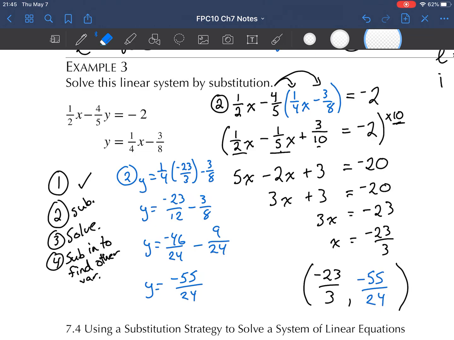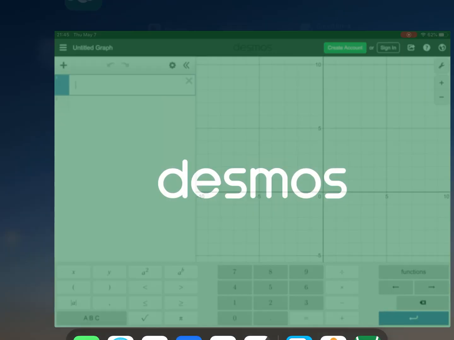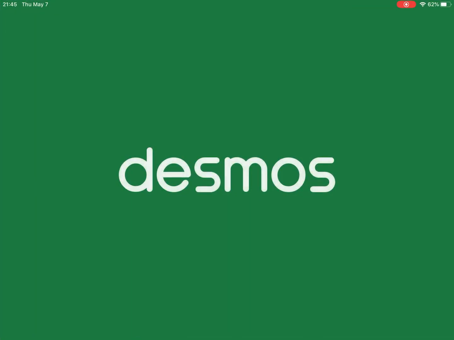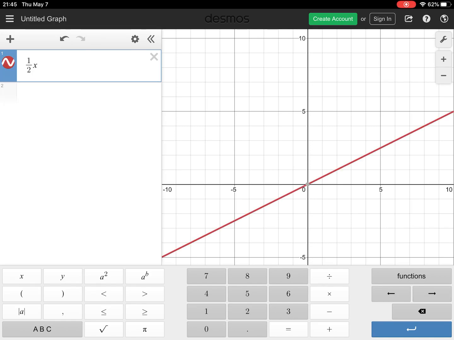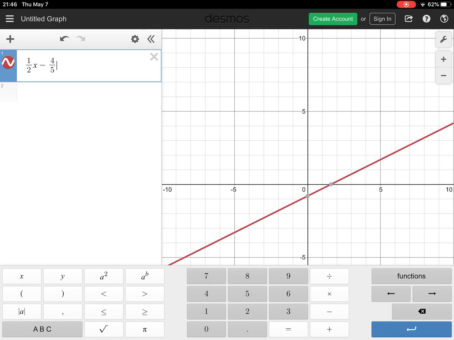Now let's see what we get. So I'm going to go to Desmos. It's right here. And the beauty of Desmos is that you can just type everything in as it looks. So 1/2, right arrow key, x, minus 4/5, 4 divided by 5, y, equals minus 2.